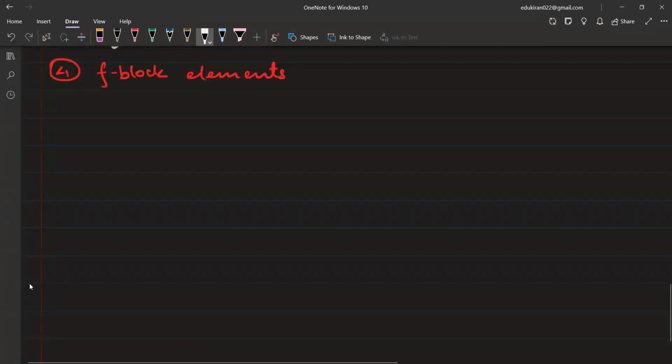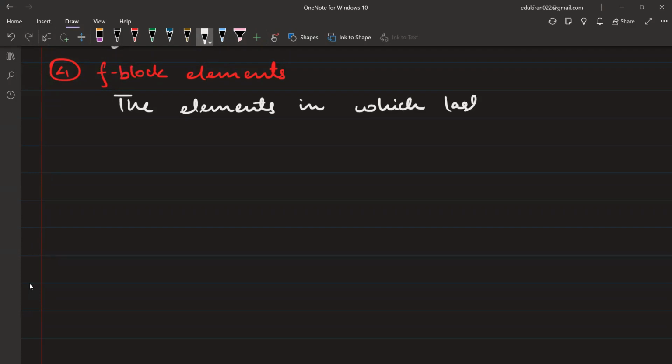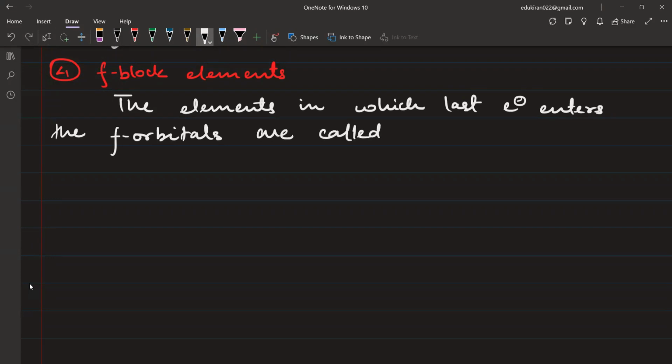The elements in which last electron enters the F orbital are called F block elements.